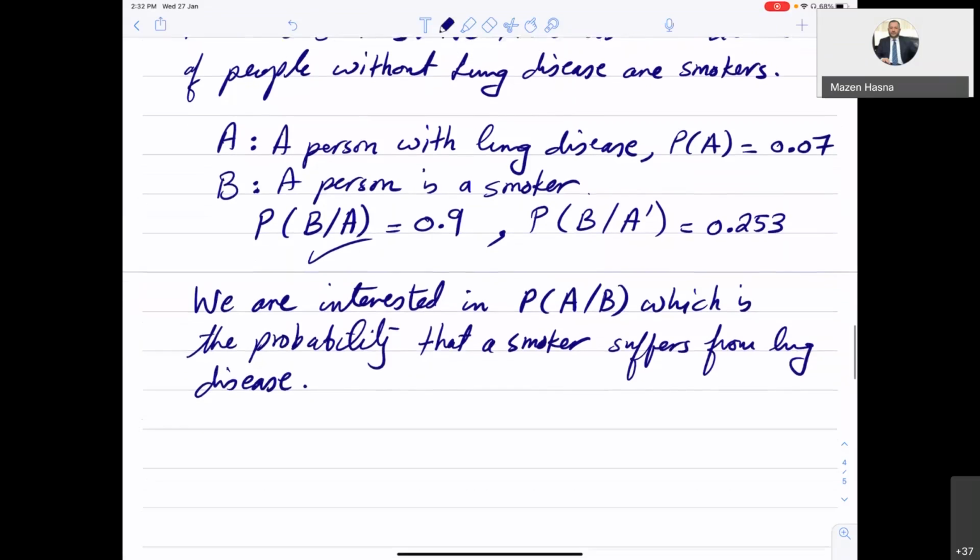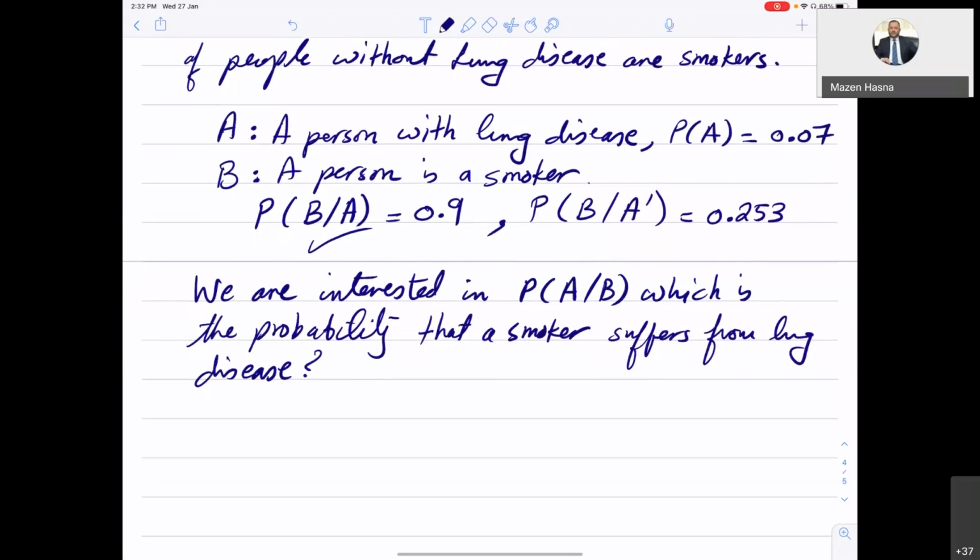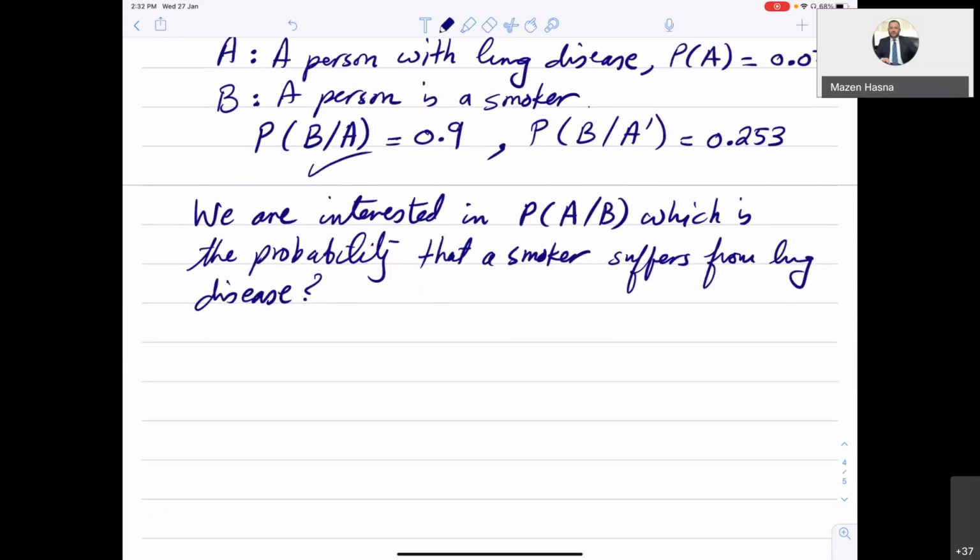So I know a certain person is smoking. What's the chance that this person will have a lung disease? So this is the probability of A given B.